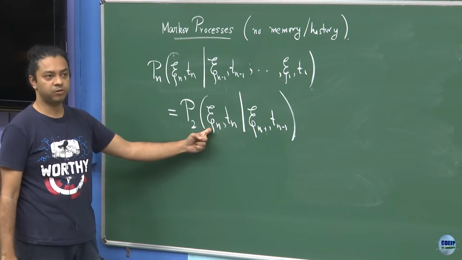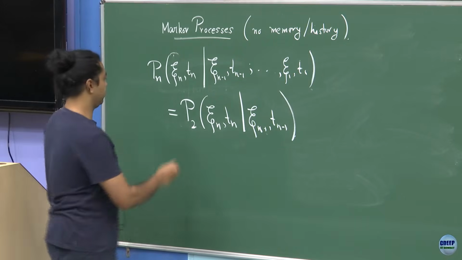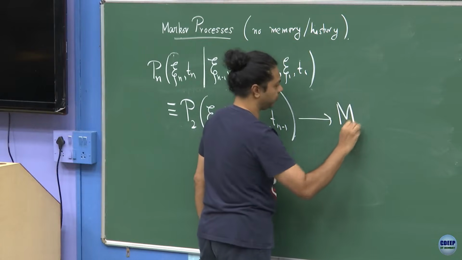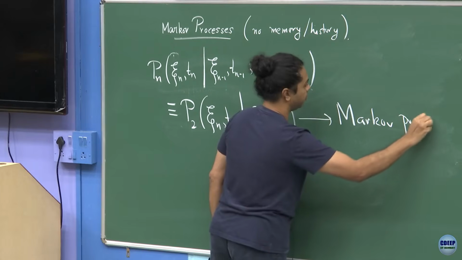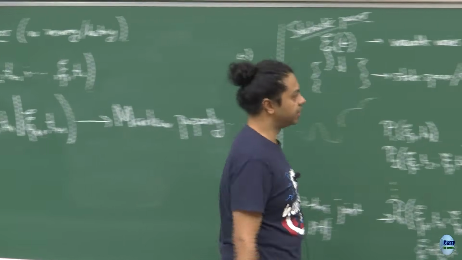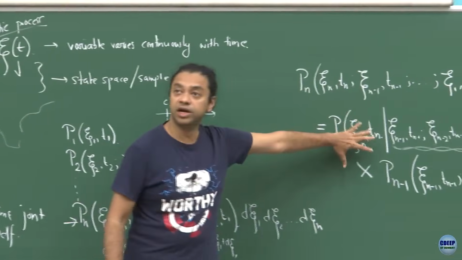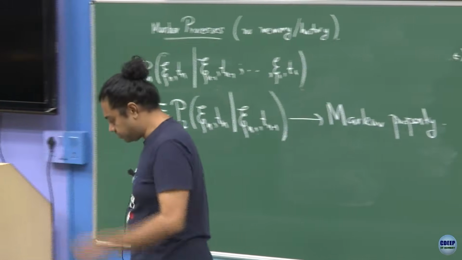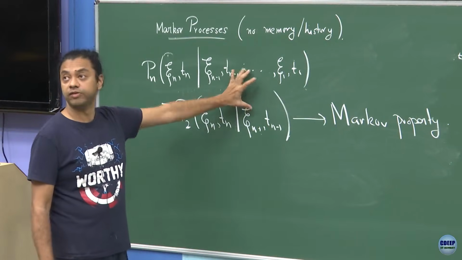That will determine the probability of where you are. So, this is my Markov property. If we have a non-Markovian process like that elephant, that memory wala random walk, then you cannot make this assumption. You will have to work with this full n time conditional and n time joint PDFs. But for a Markov process where you have only a single step memory, this is the correct thing to do.